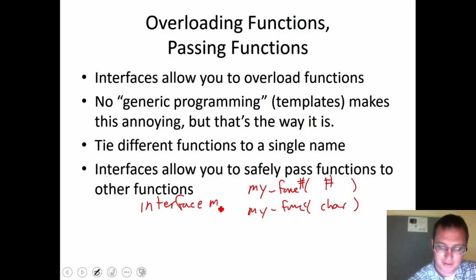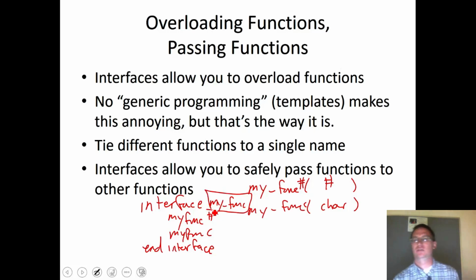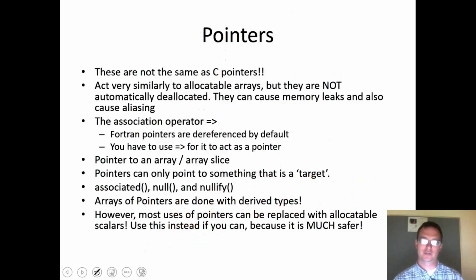And we call this myfunction, and then we say basically that myfuncNumber and myfuncC can both be accessed using the same name of myfunc. And you can also use interfaces to pass functions to other functions, so that's useful.